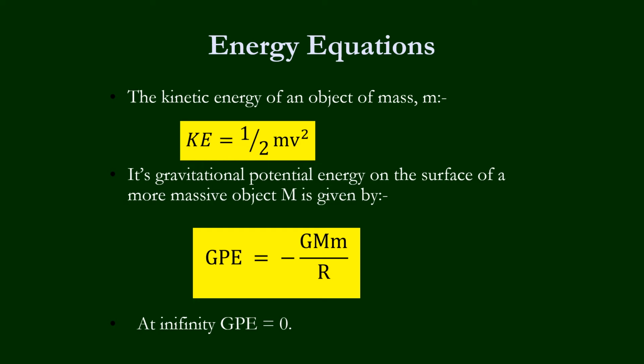What you'll see is we'll equate these two together and find a relationship for the escape velocity, and then use that to find the Schwarzschild radius. So again, the formula is given to you, but I know some people want to know how do we get to it. So these are the relationships we use.